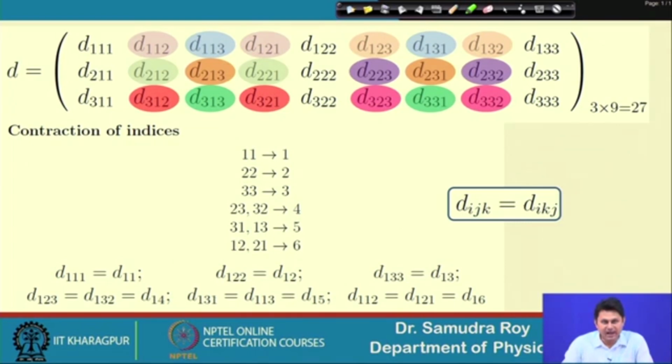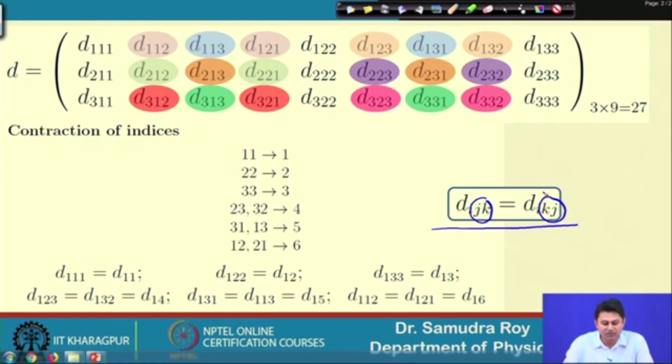That means d_ijk is equal to d_ikj. If I change the indices of the last two terms here, then the D matrix will remain the same. So, this is this symmetry.